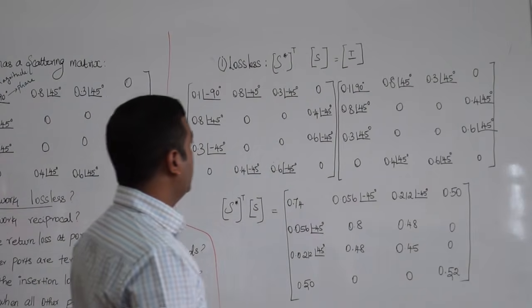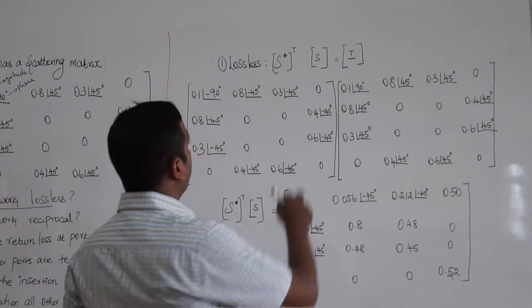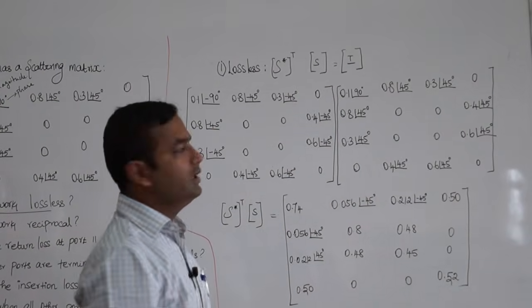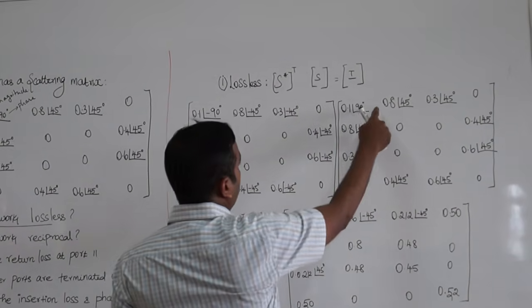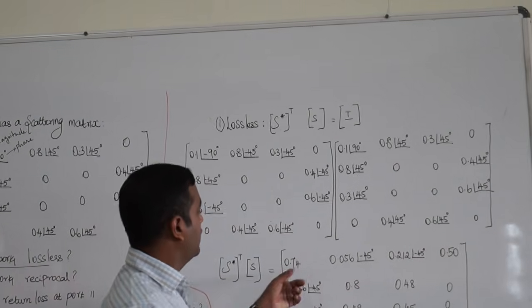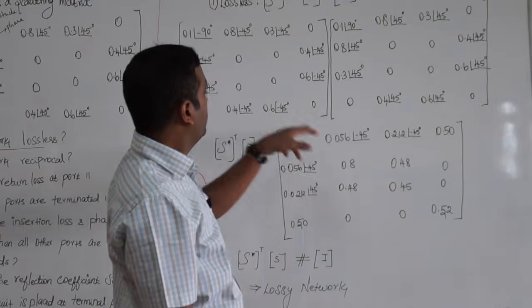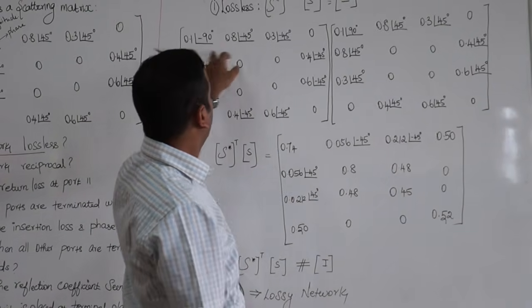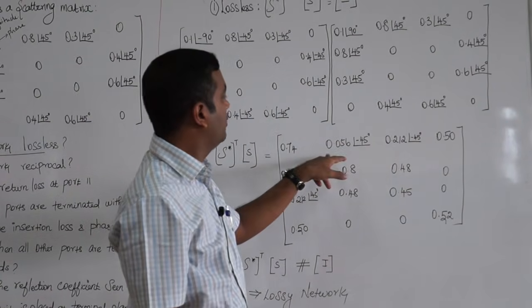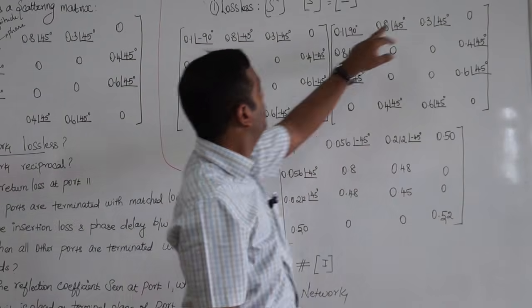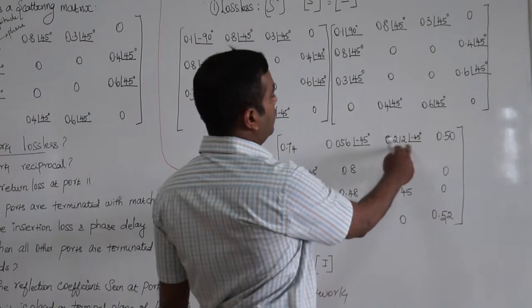Now if we do the matrix multiplication, multiplying each row with each column, you will find that the S11 element is 0.74. The S12 element, multiplying this row with this column, gives 0.056 angle minus 45. Another element gives 0.212 angle minus 45.